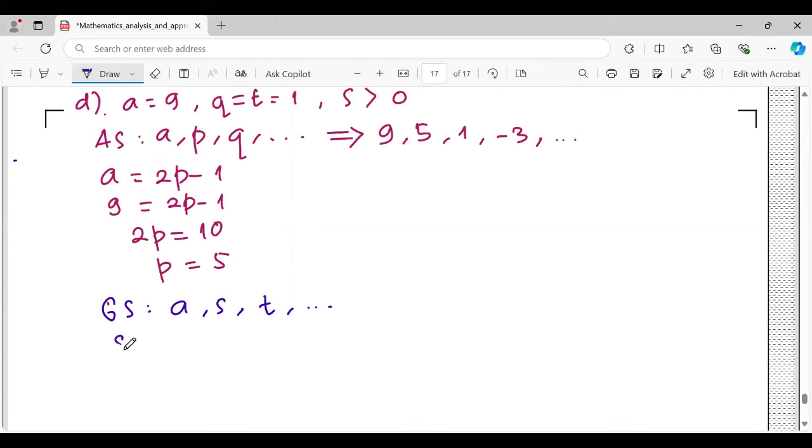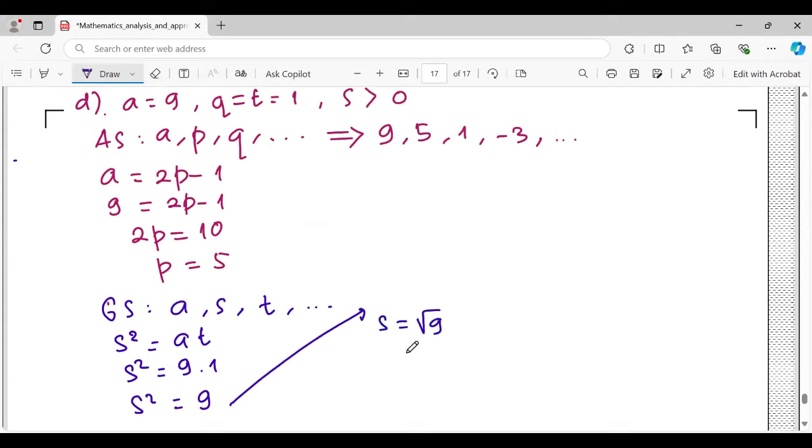So S squared equals A times T, or S squared equals 9 times 1. S squared equals 9, so S equals square root 9 equals 3.